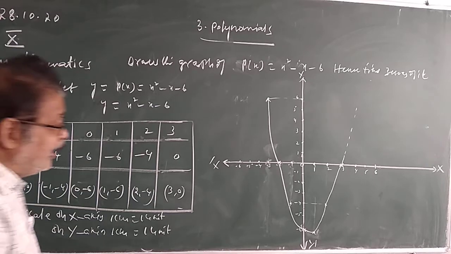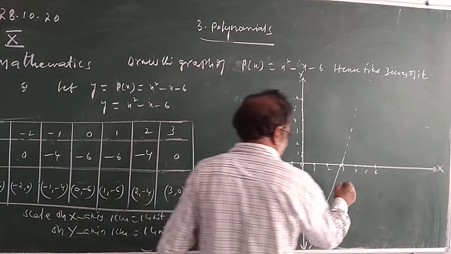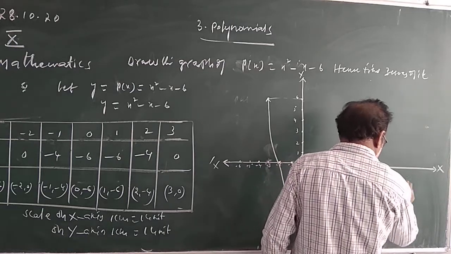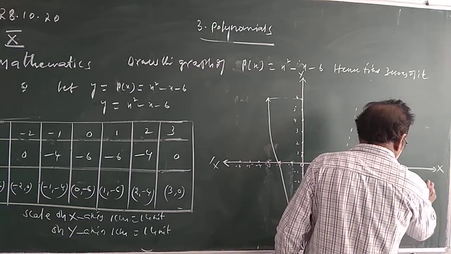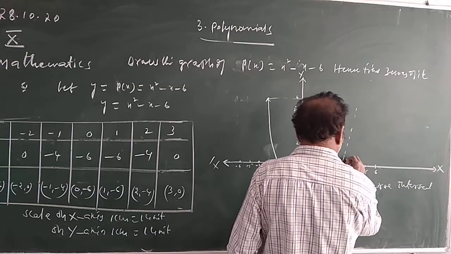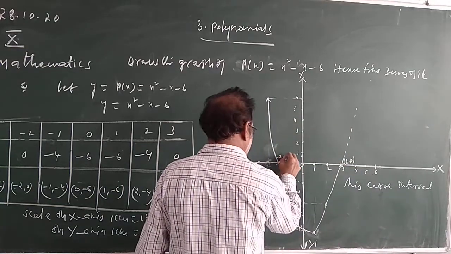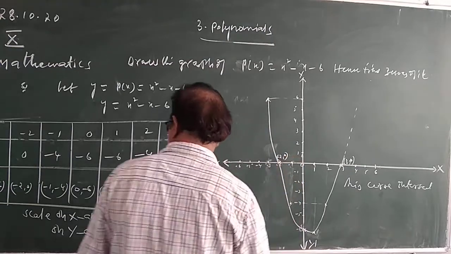So this curve intersects here at 3, 0 and here at minus 2, 0.